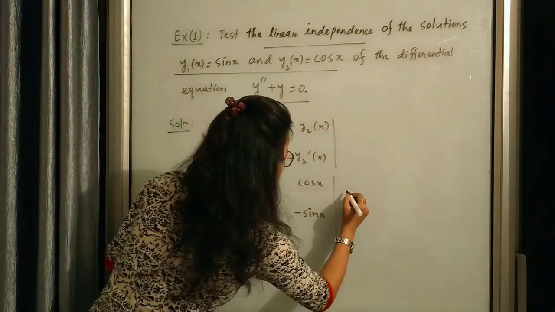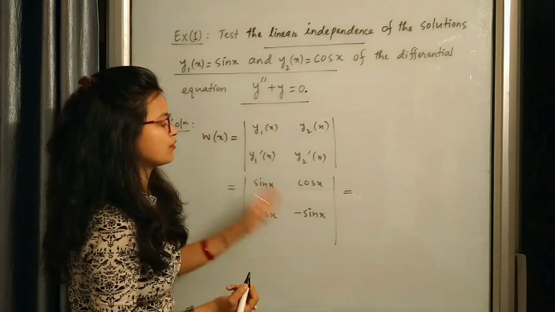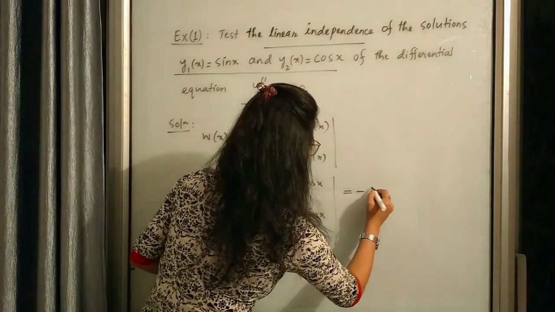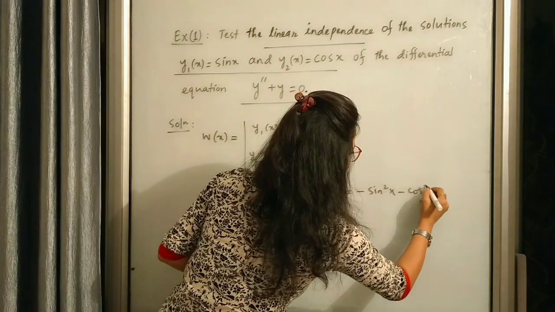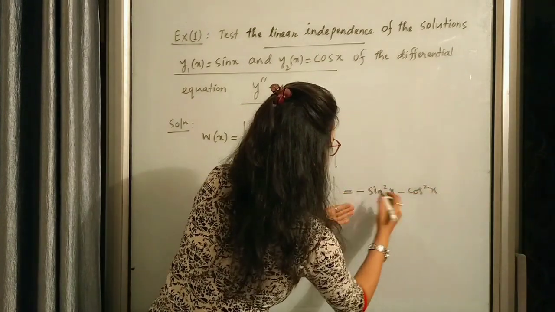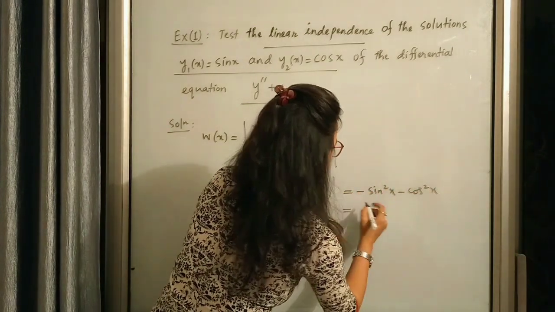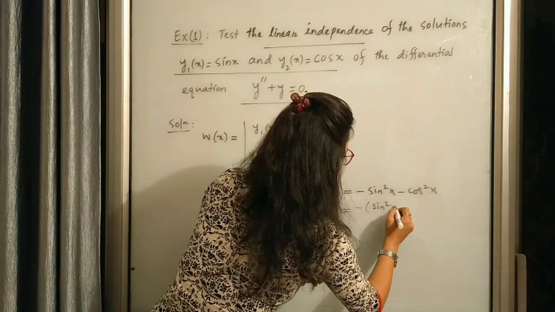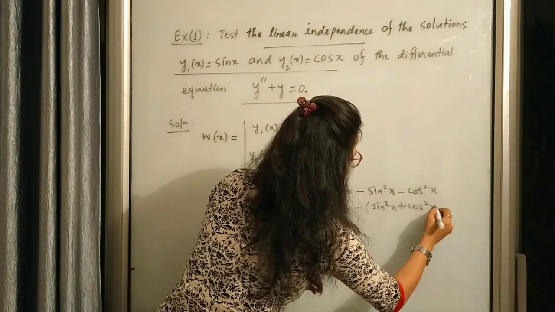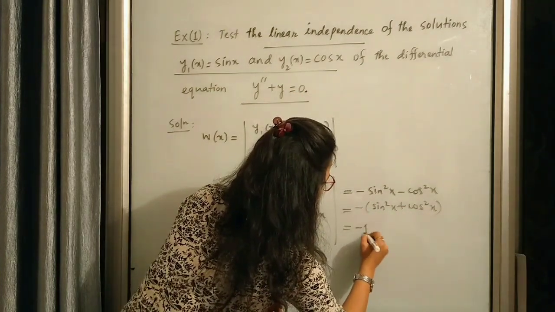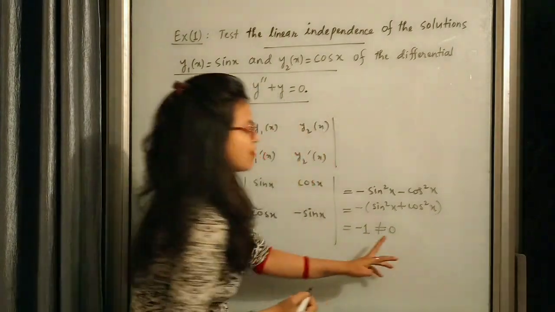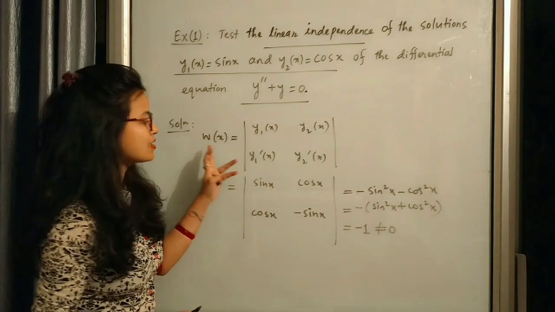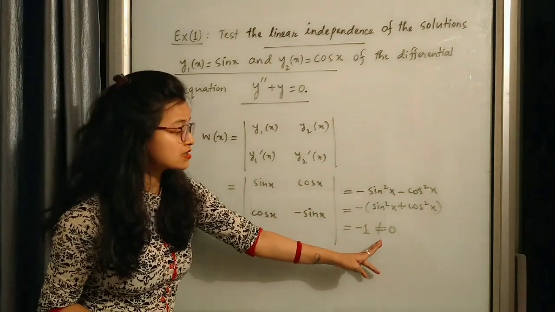It's a simple calculation. Just evaluate the determinant: it will be minus sin square x minus cos square x. So minus of sin square x plus cos square x, which gives minus 1, a constant. It will never be 0, hence the Wronskian does not vanish identically.